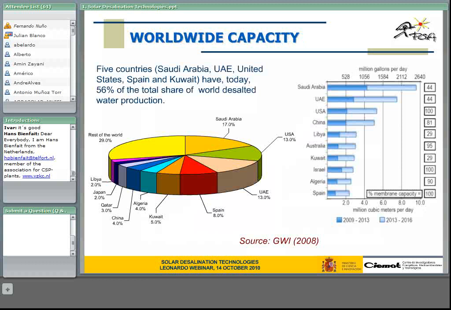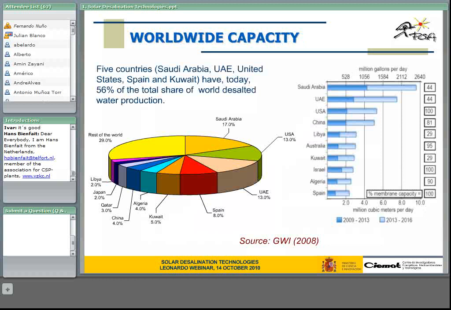Similar plans exist in other countries like United Arab Emirates, United States, China, Libya, Australia, Kuwait, and many others. So the development expected from desalination technologies and plants in the coming years will be really impressive and will multiply the current desalination production several times.